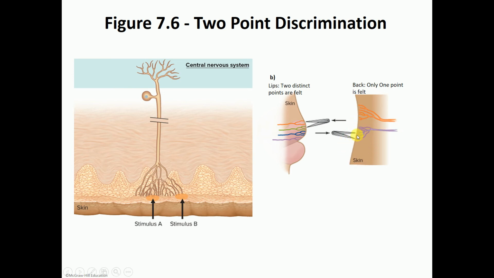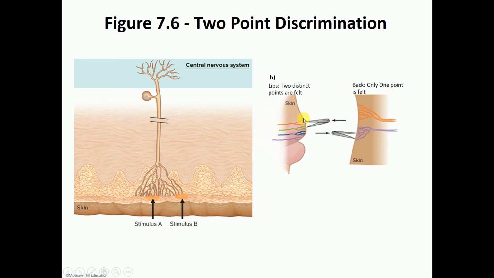So here you can see there's a huge receptor field. Whether these 2 points are stimulating this part or that part up here, you're still stimulating the same sensory neuron. So it really doesn't matter. The brain isn't going to be able to pinpoint exactly where it's happening. It will say that this is just 1 point, not 2.